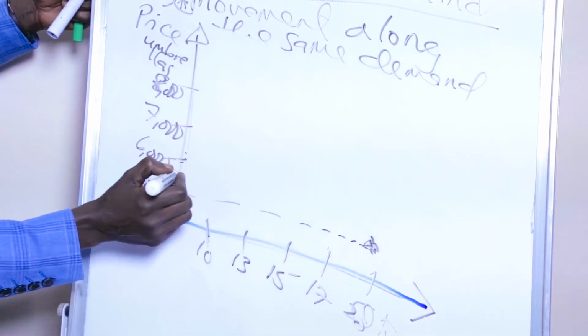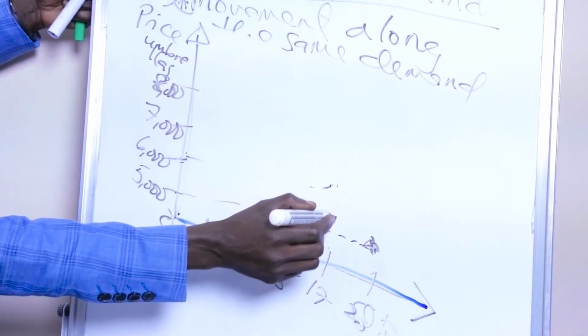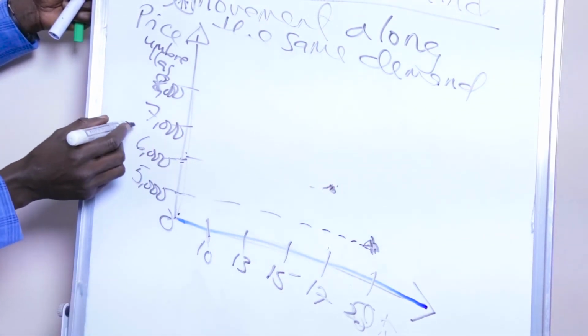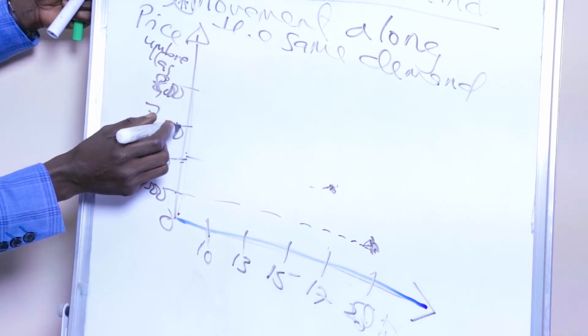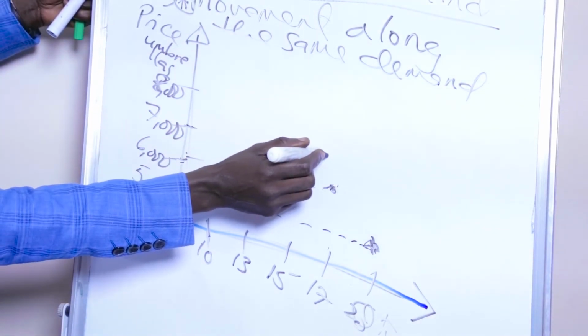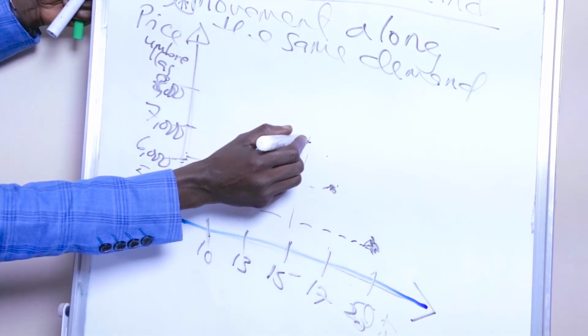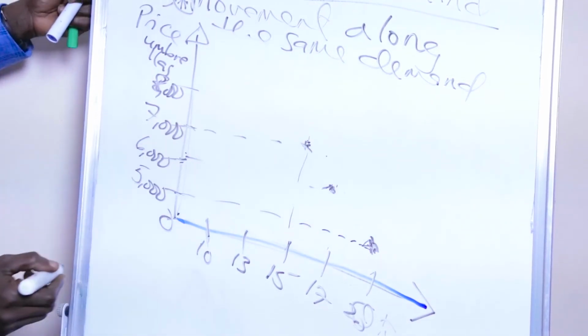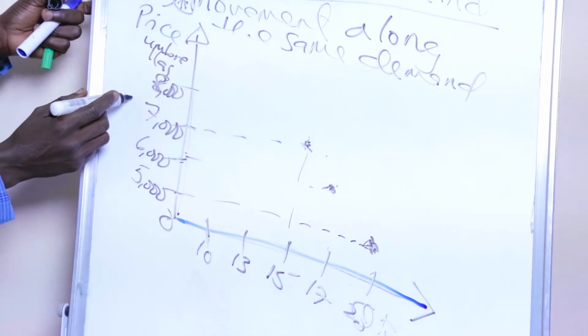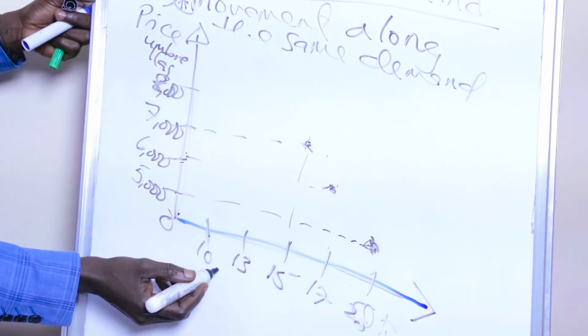Now it is 17. So 6 with 17. Then as the price goes to 7,000, the umbrellas are also decreasing. Let's say now it is 15. Okay, 15 is somewhere here. And as the price increases to 8,000, the number of umbrellas is also decreasing.